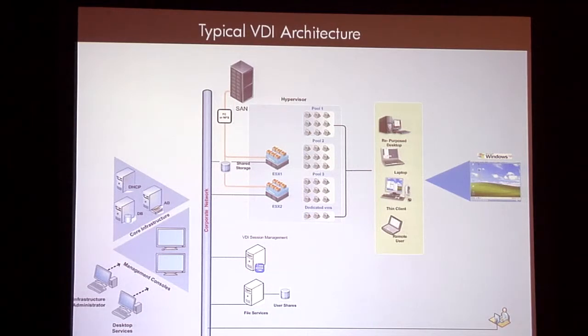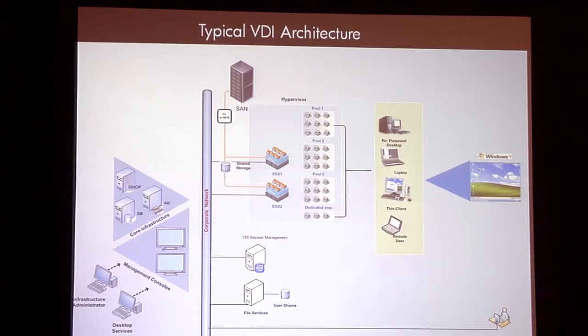As you can see, our users are coming in from the right-hand side there, and they're using a repurposed desktop, a laptop, a thin client, some kind of remote connectivity piece. And they're touching some desktop virtual machines hosted under, at that time, primarily VMware ESX, where our ESX servers were talking to a Fibre Channel SAN or an NFS-connected SAN storage infrastructure.